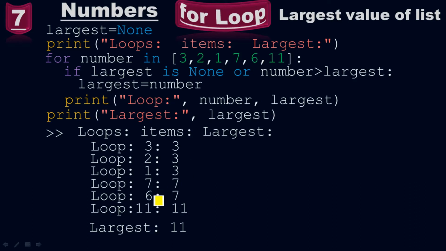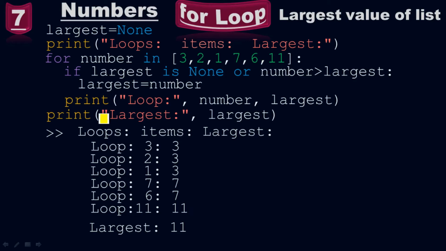So the number is 6, but the largest value is still 7 because 7 is greater than 6. Then the for loop iterates over the last value, which is 11. The number is 11 now, and the largest value is 11. So 7 has been replaced by 11. 11 is larger than 7.